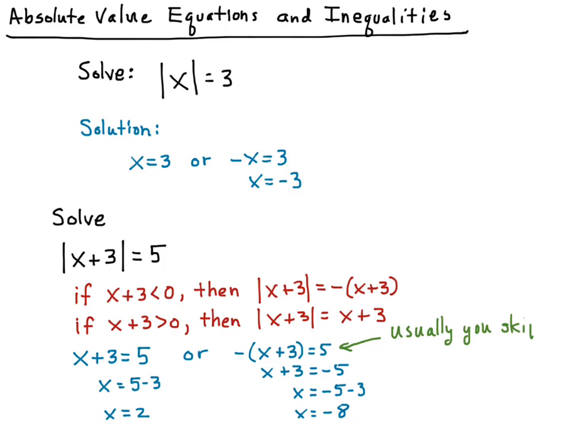Now, usually you don't write that first step. Usually you write x plus 3 equals negative 5. So mechanically what happens is you start out writing just the positive version of it, so you just remove the absolute value sign and you get x plus 3 equals 5, and then you write the counter to that, which is x plus 3 equals negative 5.